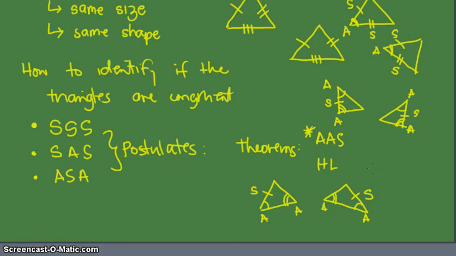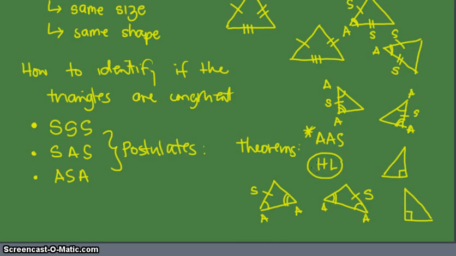Okay? And then the last one is, suppose I have two right triangles. Let's say this triangle, and then there is a second triangle, which is also a right triangle. We can identify, or we will know, if two right triangles are congruent by simply satisfying what we call the HL theorem.